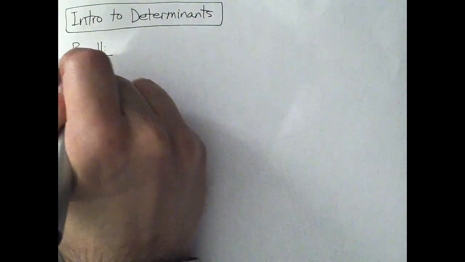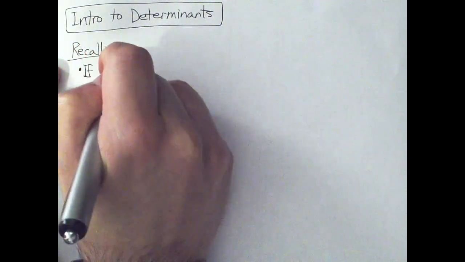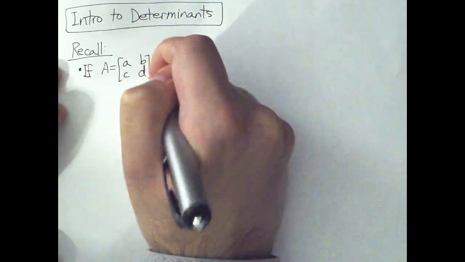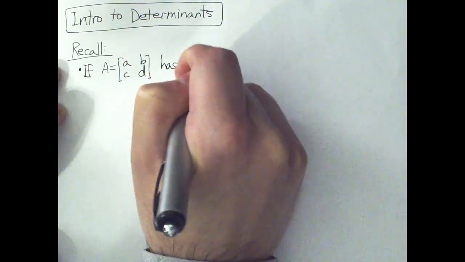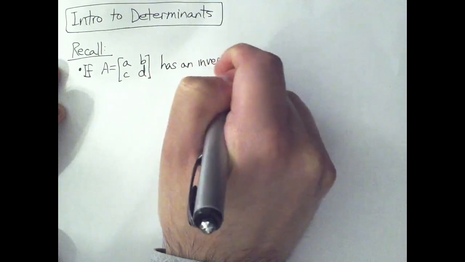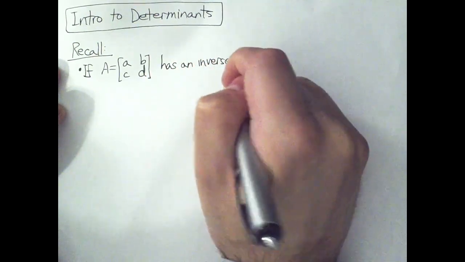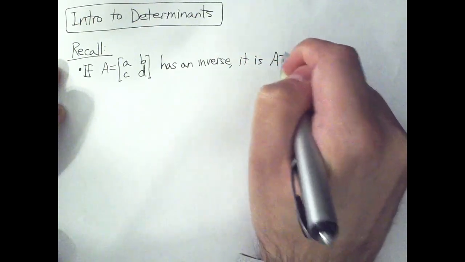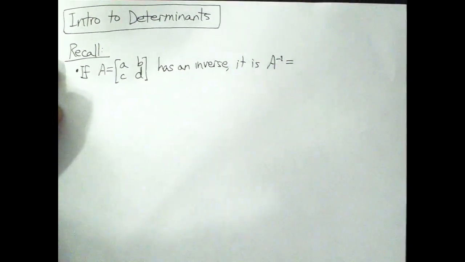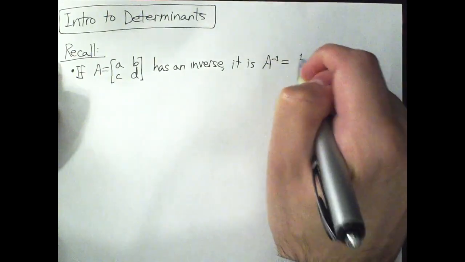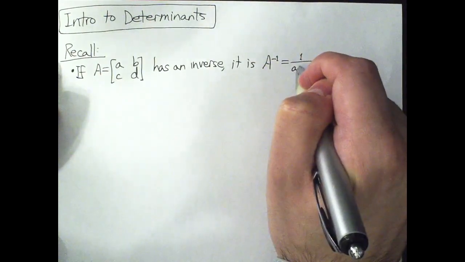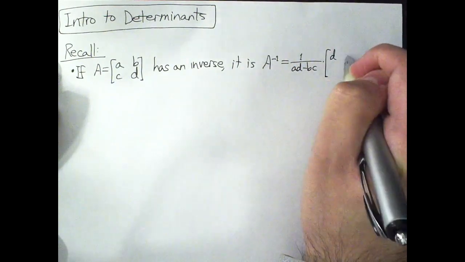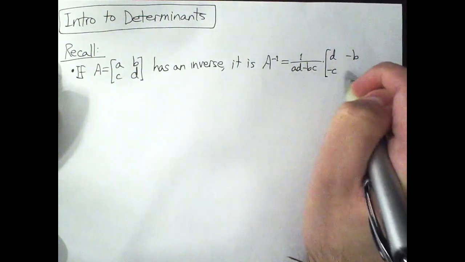So we've said that if A is a 2 by 2 matrix, A, B, C, D, if it has an inverse, remember, not every square matrix is invertible, then A inverse equals, we have a formula, right? You could say 1 over AD minus BC times D, negative B, negative C, A.